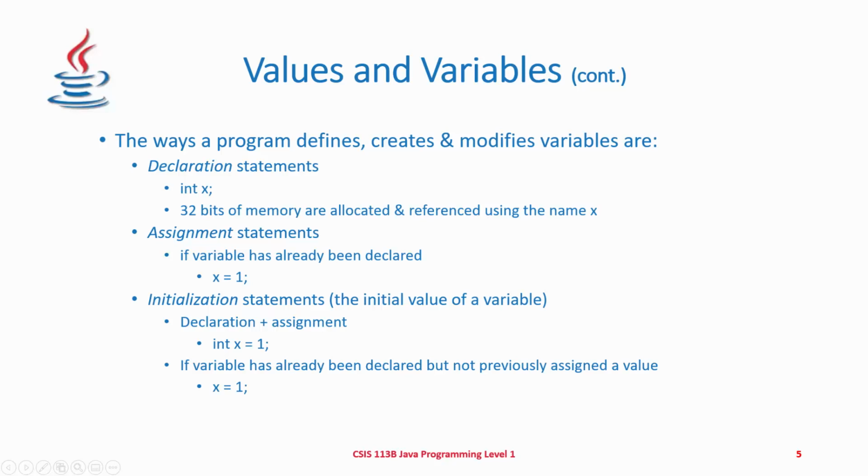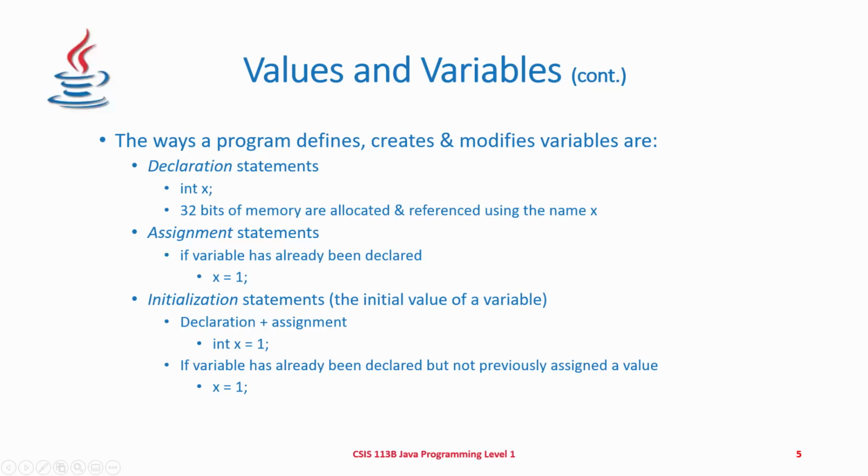So it is possible, when we take a look at the third statement, you can see this, the initialization statements. Let's first point out that initialization statements are the initial value of a variable. So whether you do it during declaration or during a later assignment, as soon as a variable is assigned a value, it is being initialized. So that could be that you do it during declaration.